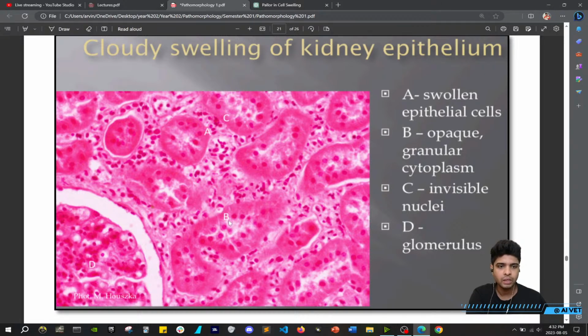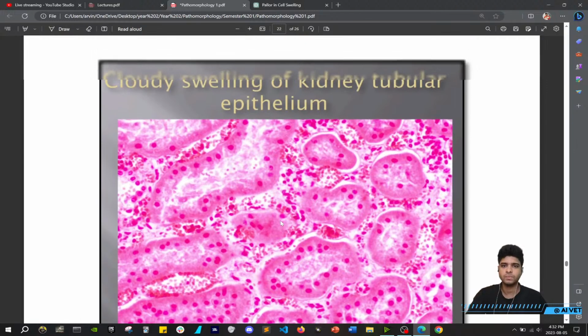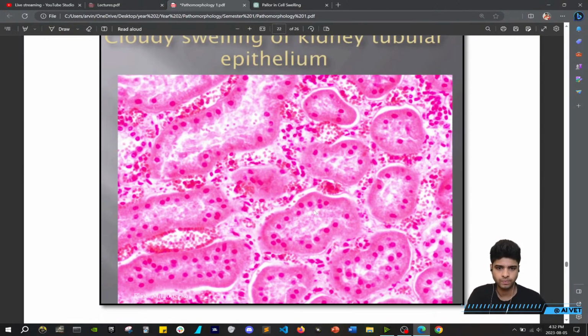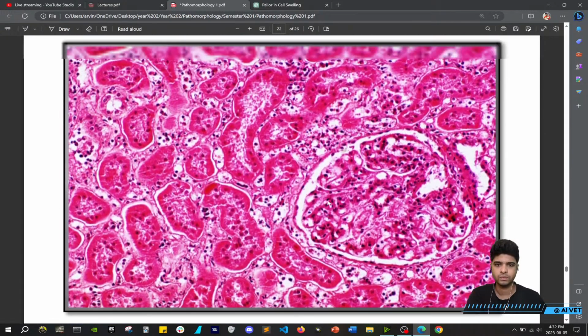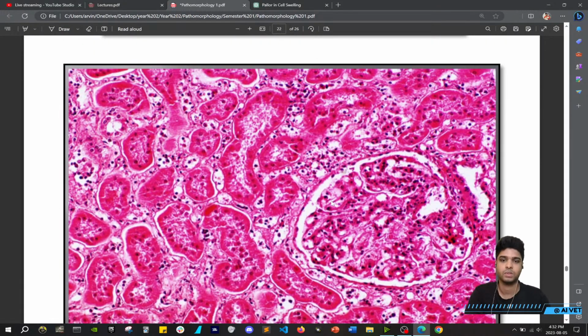And B is opaque granular cytoplasm. Okay, swollen, opaque, invisible nuclei.